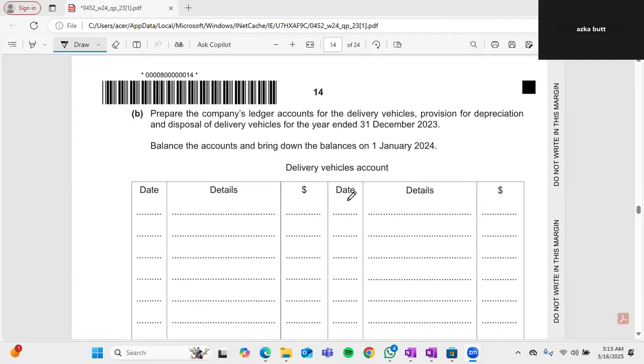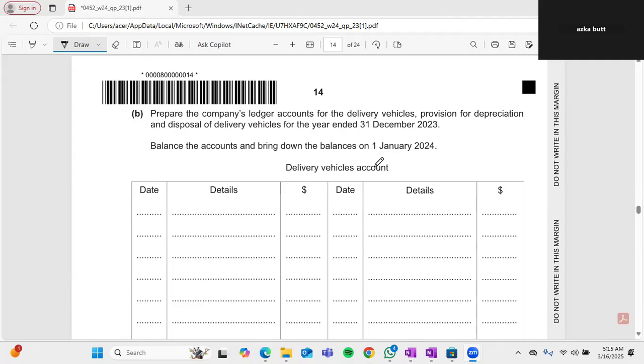Now we are going to make the delivery vehicle account. First of all, we have to write the opening balance.